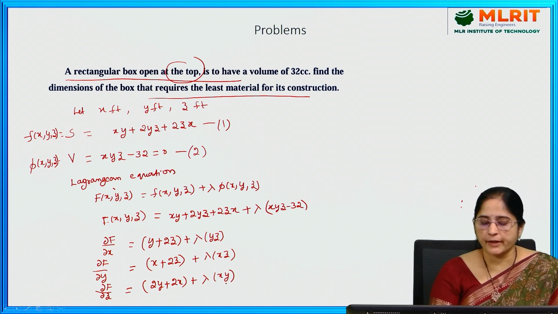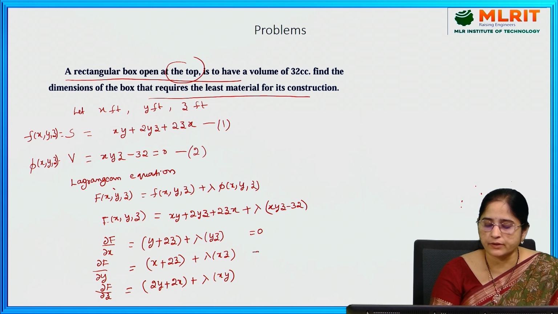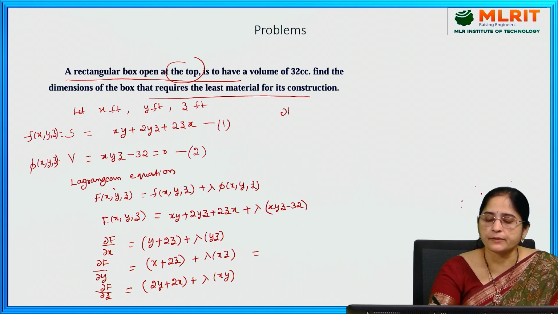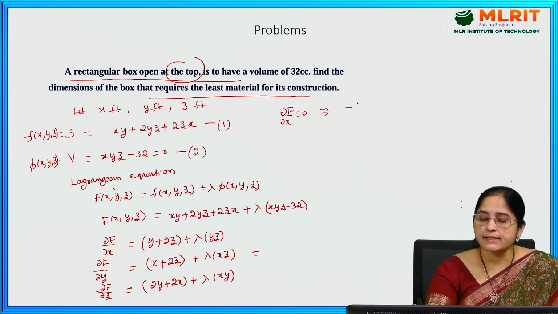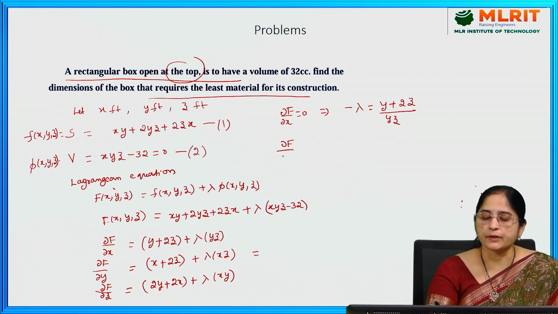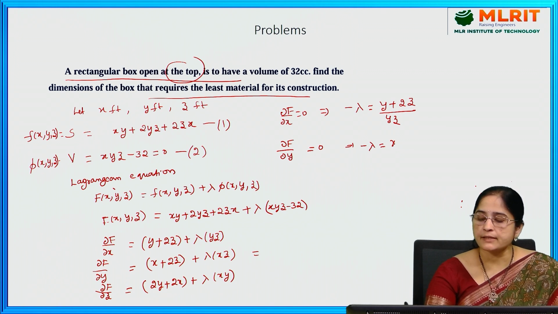Next we take dou F by dou x equal to 0, dou F by dou y equal to 0, and dou F by dou z equal to 0. Dou F by dou x equal to 0 means minus lambda equals y plus 2z by yz. Dou F by dou y equal to 0 means minus lambda equals x plus 2z by xz.